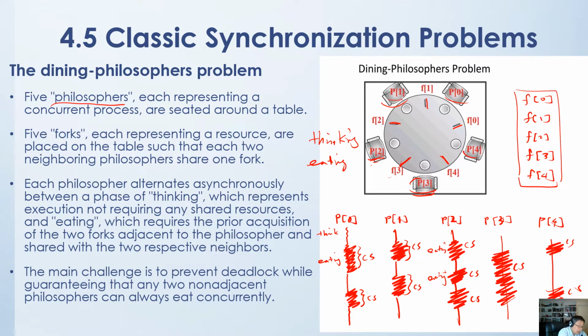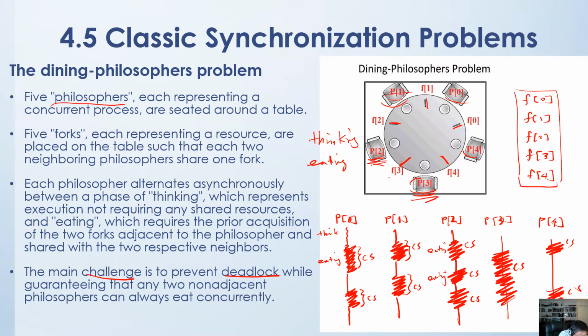So the challenge we have is to prevent a deadlock. We want to prevent a situation where a philosopher is trying to eat but never gets a chance to eat, okay? And also we should make sure that if philosopher 2 is eating, of course philosopher 1 and 3 cannot eat.